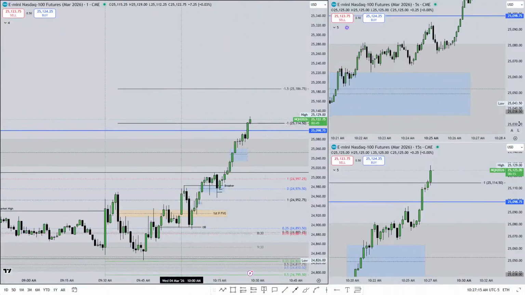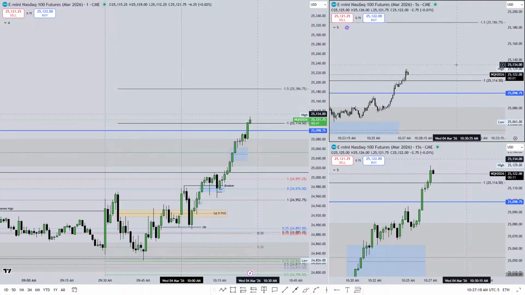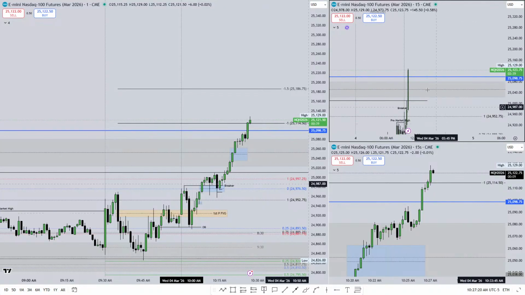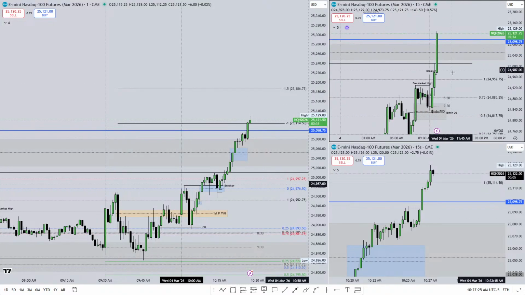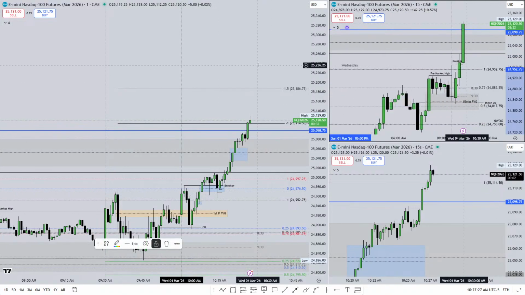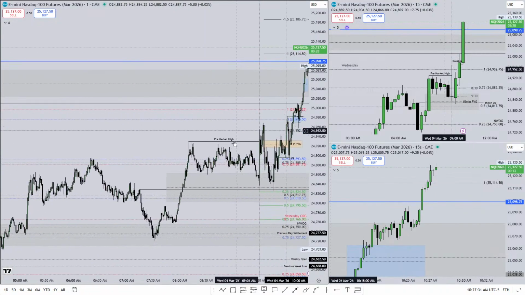We might just continue running though. Because at this point, there's really not too much for me to do. I mean, all my buy side targets got hit.